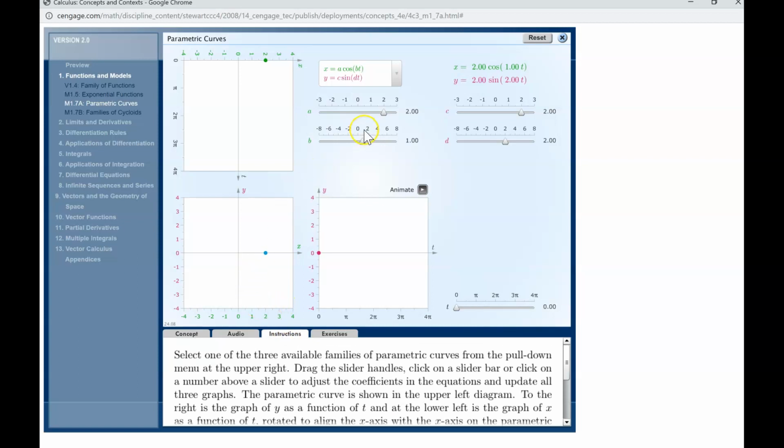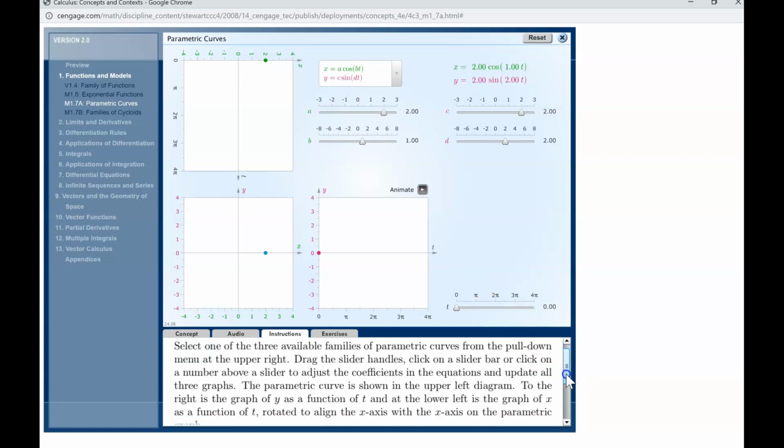Up here we choose from the available families of parametric curves. Since we want to compare it to the previous example, we're going to pick the first one. Then we drag the slider handles, or click on a slider bar or on a number above a slider, to adjust the coefficients in the equations and update all three graphs. The parametric curve is shown in the upper left-hand diagram.